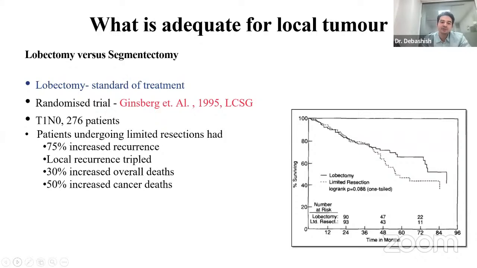Then comes segmentectomy, and then comes wedge resection. So that is the priority if we wish to choose a surgical approach out of the available options. Lobectomy is the standard of treatment as of now. There is various evidence to support that lobectomy gives better disease control. It has a lesser chance of recurrence.